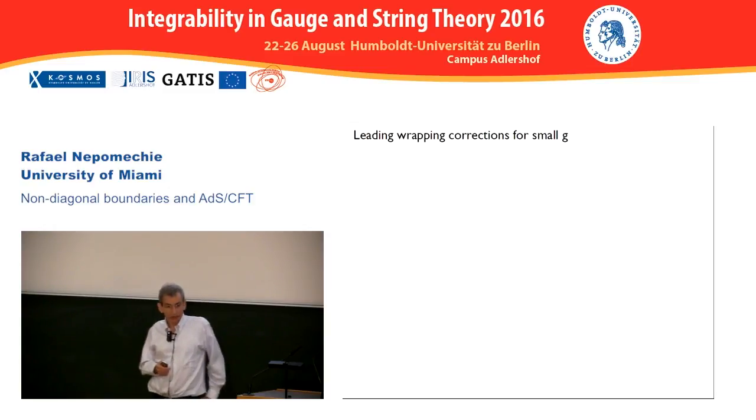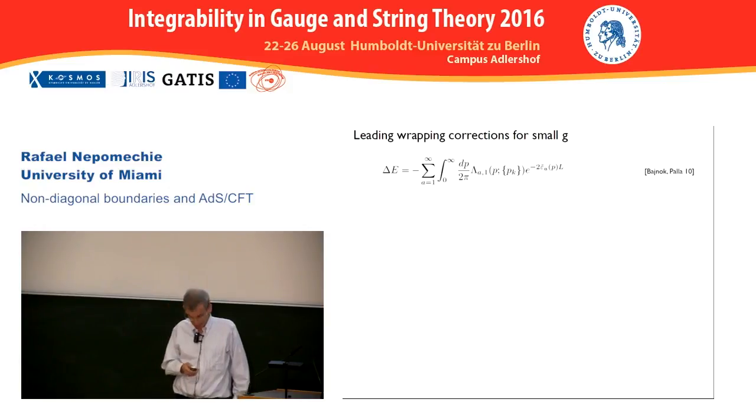And so now with this, we can try to compute the wrapping corrections at weak coupling. So there's a similar formula as before. The main difference is, again, there's this factor of 2 here, and now the object here is the eigenvalues of the fused double row transfer matrix.